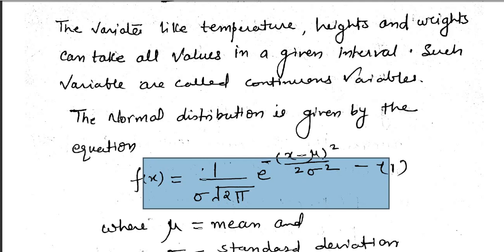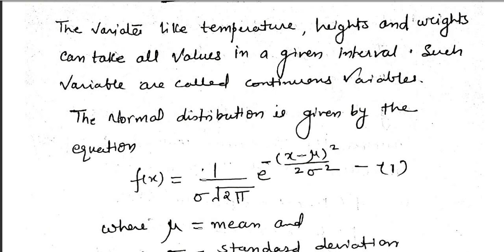In place of the coefficient, there is the term 1 upon sigma root 2 pi. So look at here, the term (x minus mu) upon sigma is known as normal variate.